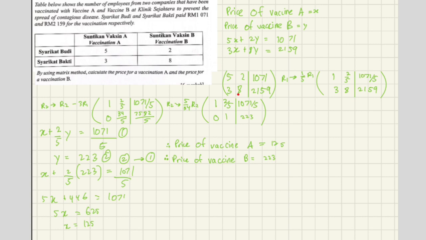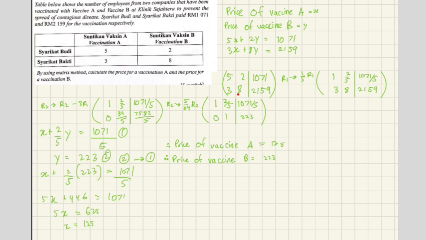And so the matrix form is 5, 2, 3, 8, with 1071 and 2159. Now we shall use the reduced echelon method. The first transformation is R1 to 1 over 5 R1. The matrix form is 1, 2 over 5, 3, 8, with 1071 over 5 and 2159. Then R2 to R2 minus 3 R1.